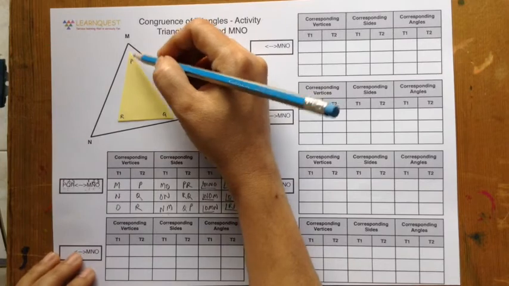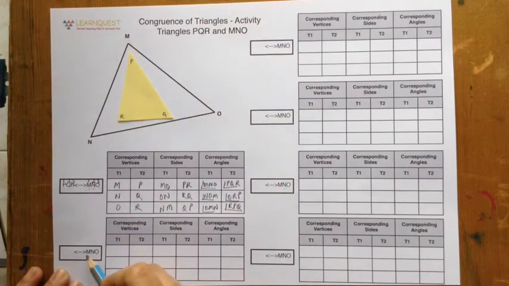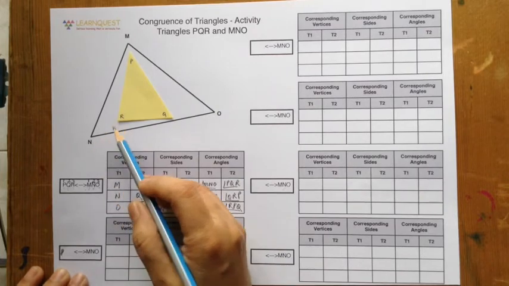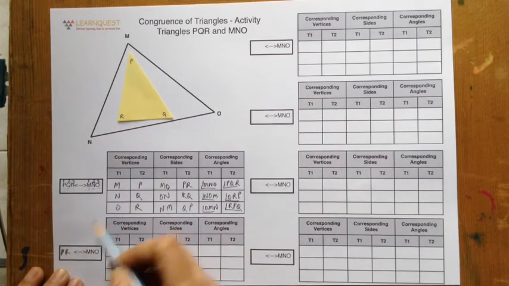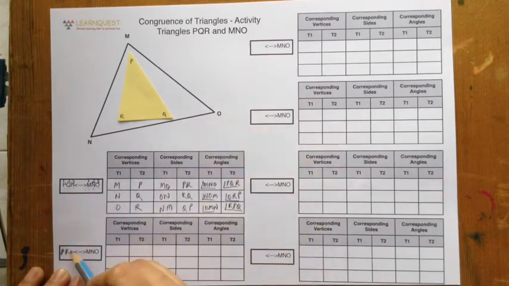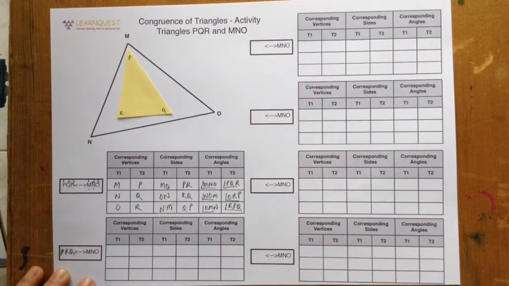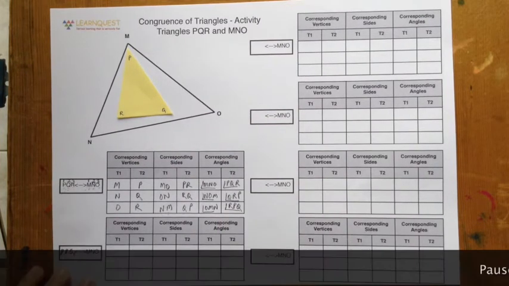Now we have retained MP. So M will be P, pairing up with N is R and pairing up with O is Q. So M, N, O with PRQ. Can you tell what are the correspondences for the vertices, sides and angles?